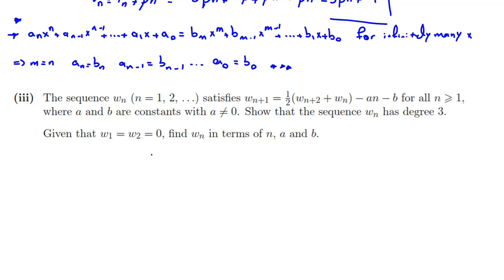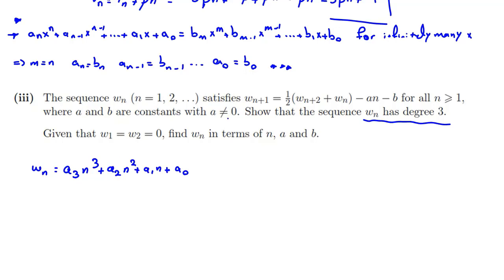Part 3 says show that Wn has degree 3. So I say Wn equals, we should write degree 3. For example, we can say it is equal to a3n cubed plus a2n squared plus a1n plus a0, one way is this, and then work on the coefficients.